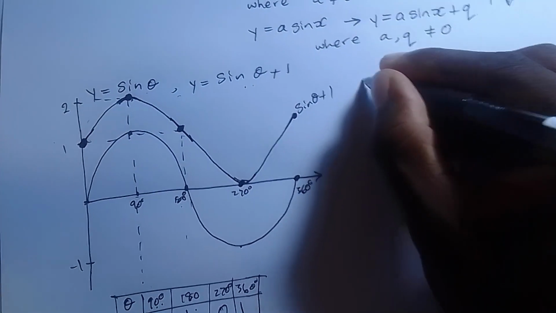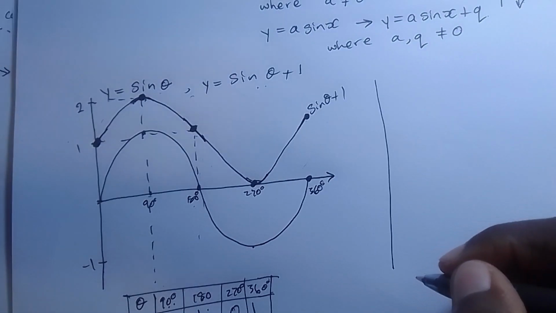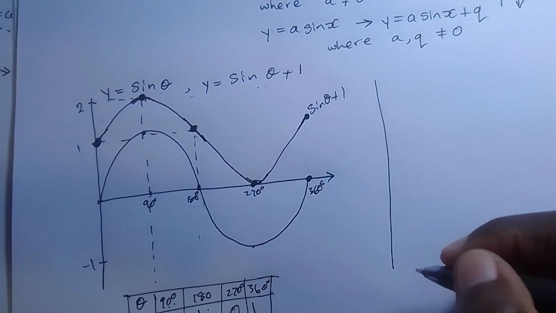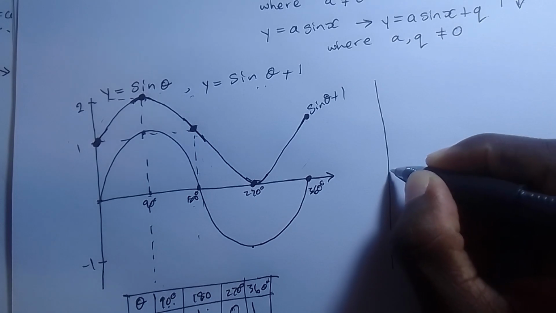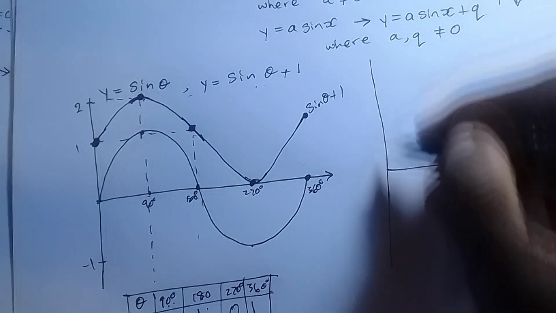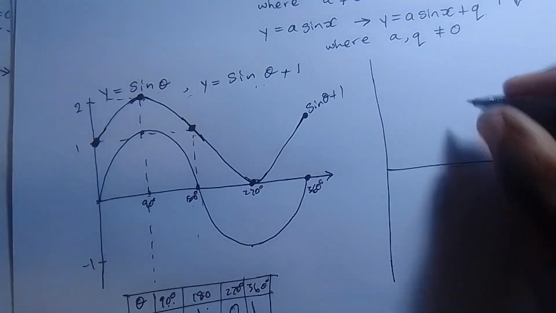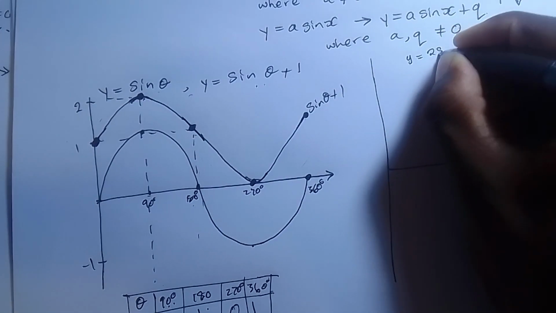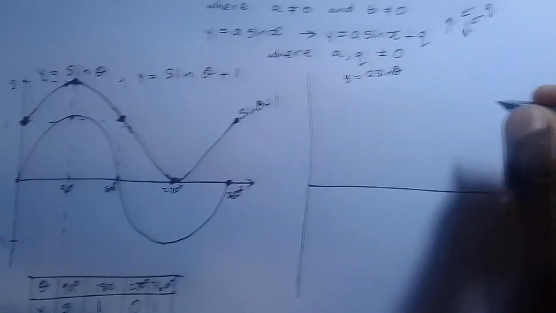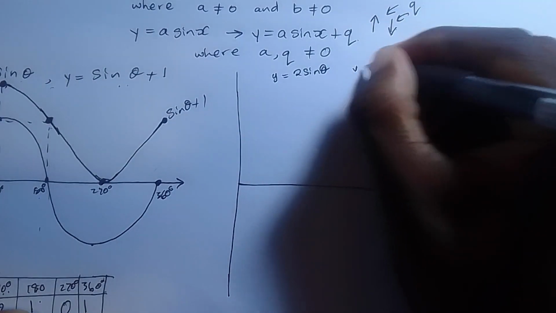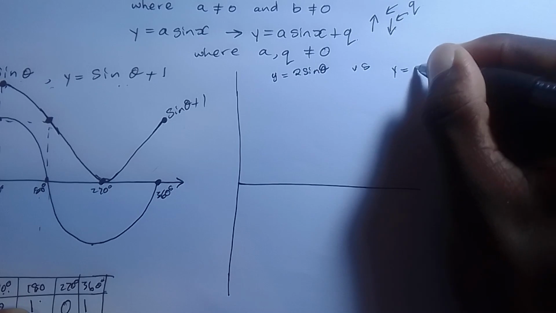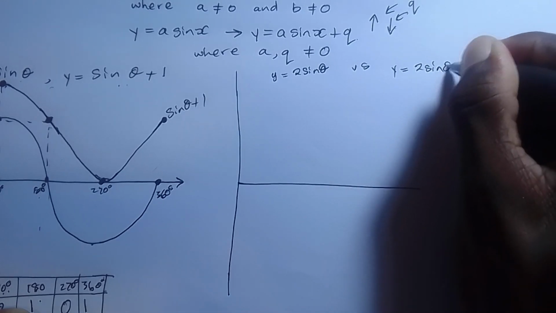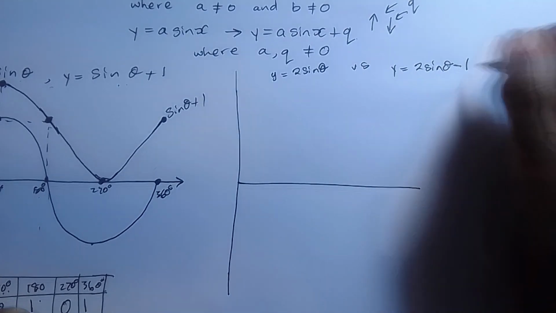Now let us go into sketching the graph of y is equal to 2 sine theta. So we are going to look at y is equal to 2 sine theta versus y is equal to 2 sine theta minus 1.